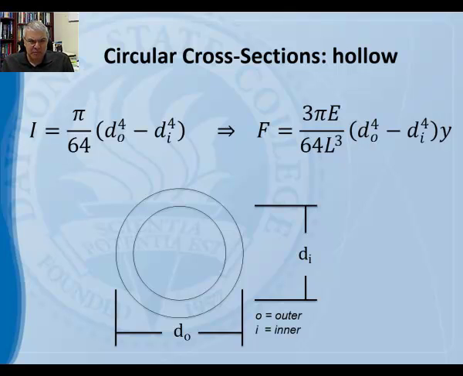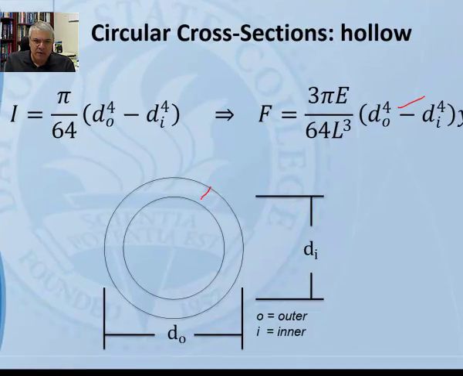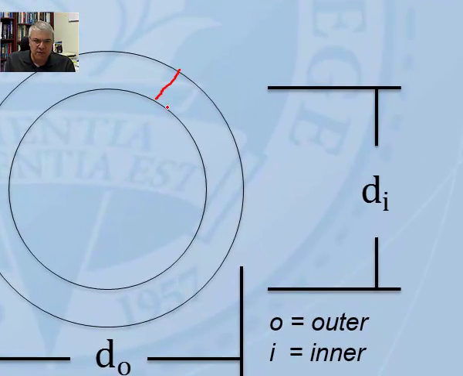If it's a circular hollow cross section, assuming the outer diameter is shown as d sub O and the inner diameter is shown as d sub I, we're only dealing with this portion of the beam throughout. This is the solid section. The middle of the beam is really hollow.